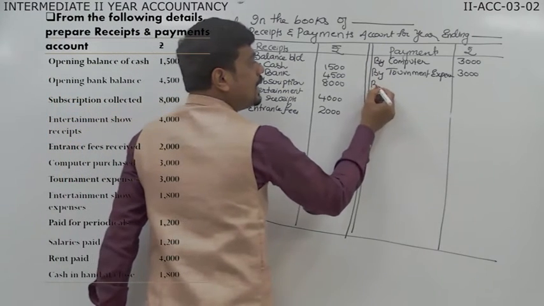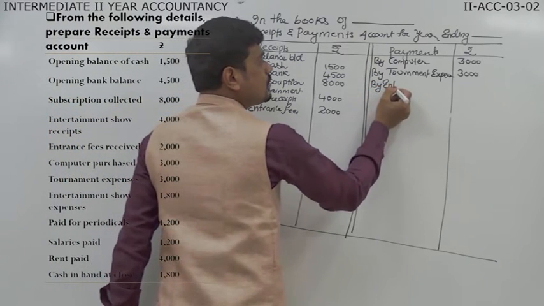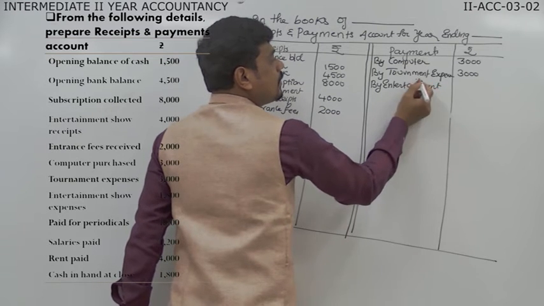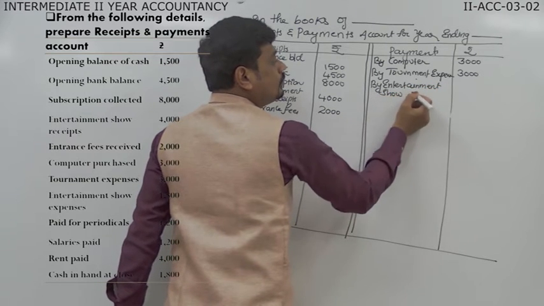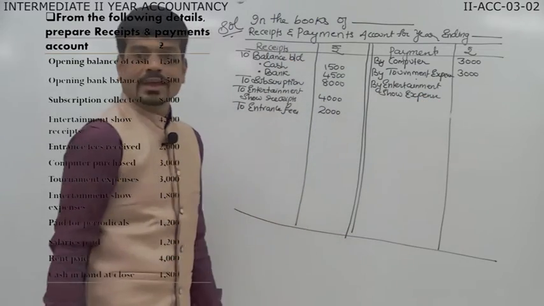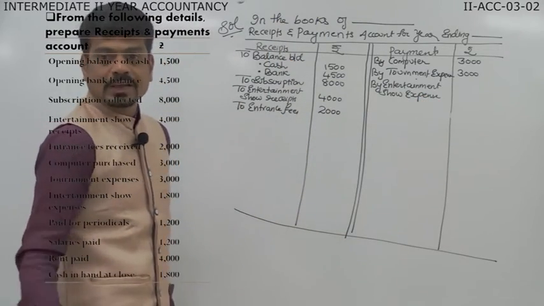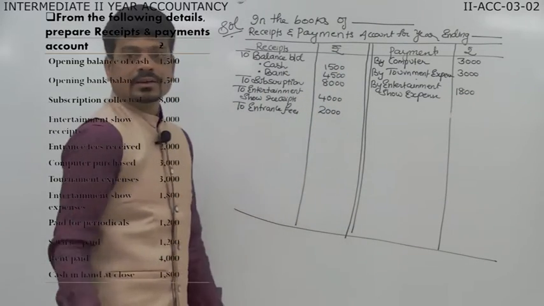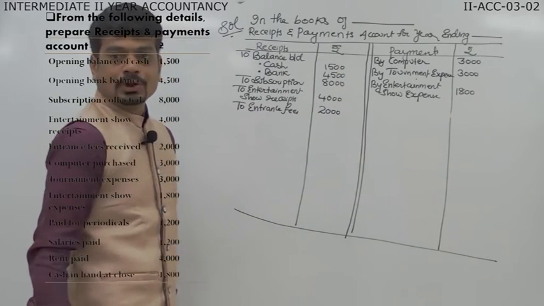Again, entertainment show expense is a payment. So by entertainment show expense, which amounts to rupees 1800.